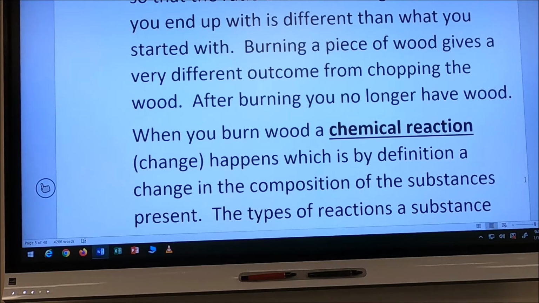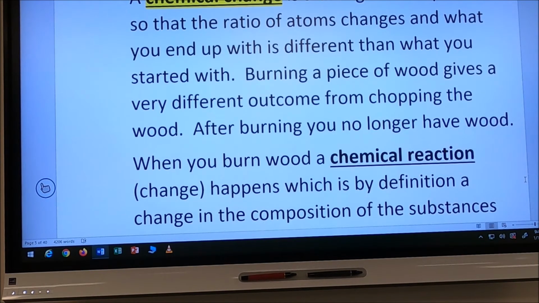Now, a chemical change is accomplished through a chemical reaction. So, by definition, a chemical reaction, a chemical change, is a change in composition of the substance or substances. So I might take one substance and make two substances out of it. I might take 2 or 3 substances and make one substance out of it. But that would be a chemical change.